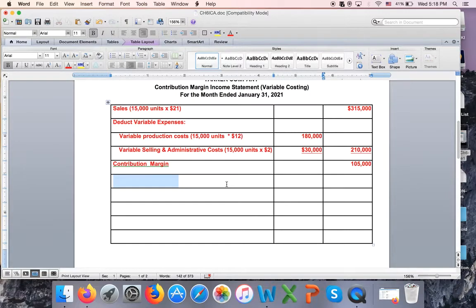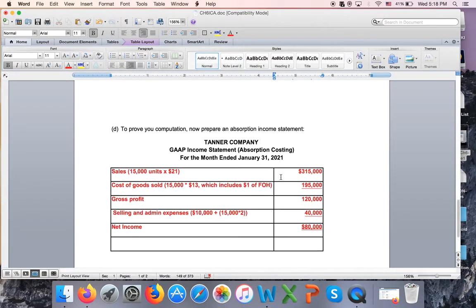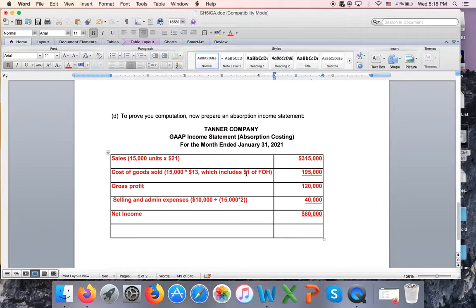Then we're going to deduct fixed costs. The fixed costs will also have two components. We have the fixed factory overhead, or manufacturing overhead. And guys, here it is. I'm expensing out the entire amount. Under absorption, I expensed out only 15,000, $1 per unit, 15,000 units, which led to higher gross profit.